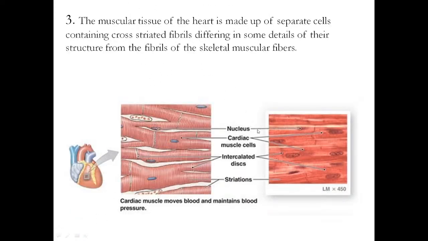The muscular tissue of the heart is made up of separate cells containing cross-striated fibrils differing in some details in their structure from the fibrils of the skeletal muscular fiber.